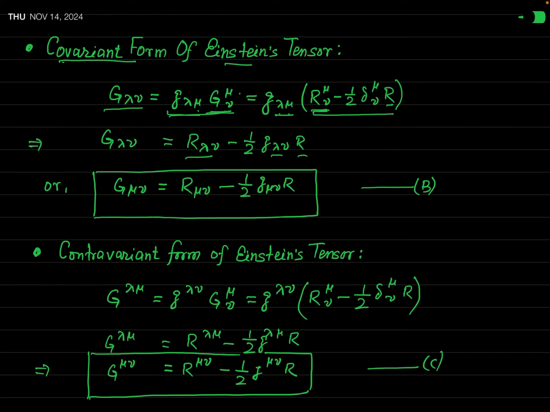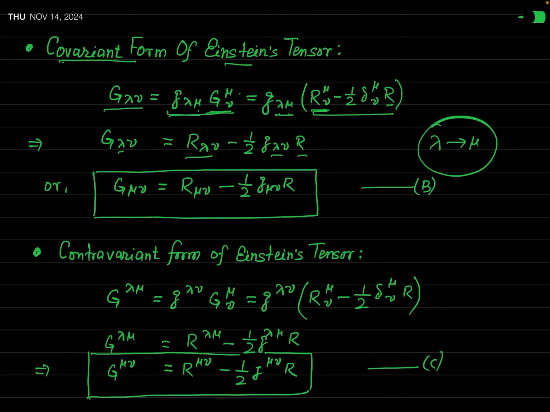But you can freely change this dummy index lambda. So if now in this expression we write mu instead of lambda, it means lambda is now replaced by mu, because our aim is to write the Einstein tensor in terms of the indices mu and nu.